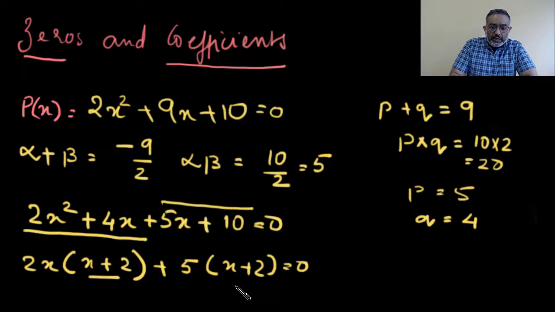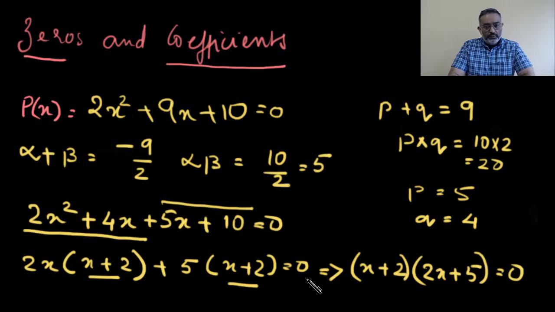Now x plus 2 is common, so you get x plus 2 and 2x plus 5 equal to 0. Now what are the roots of this equation? What would be the alpha and beta? You can see it from here.